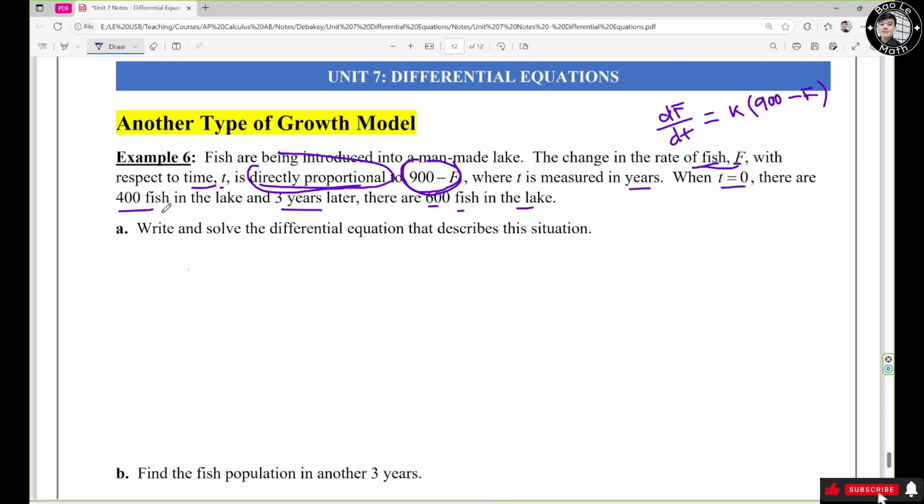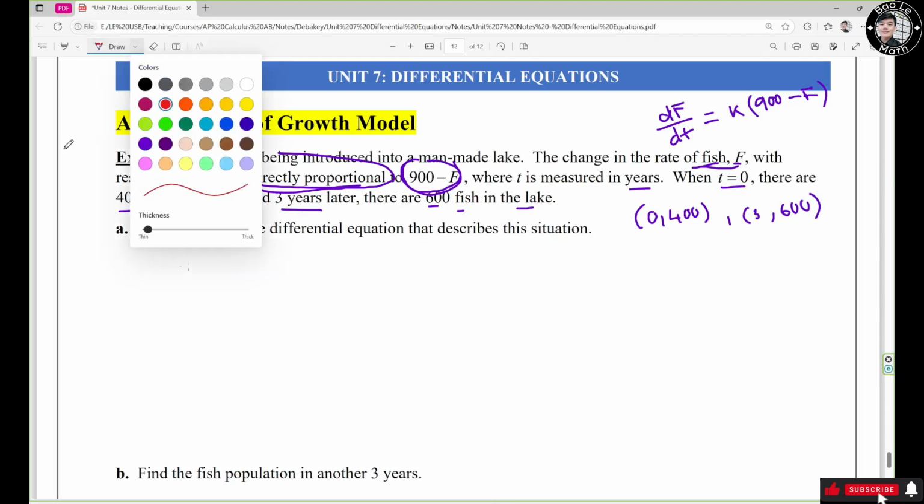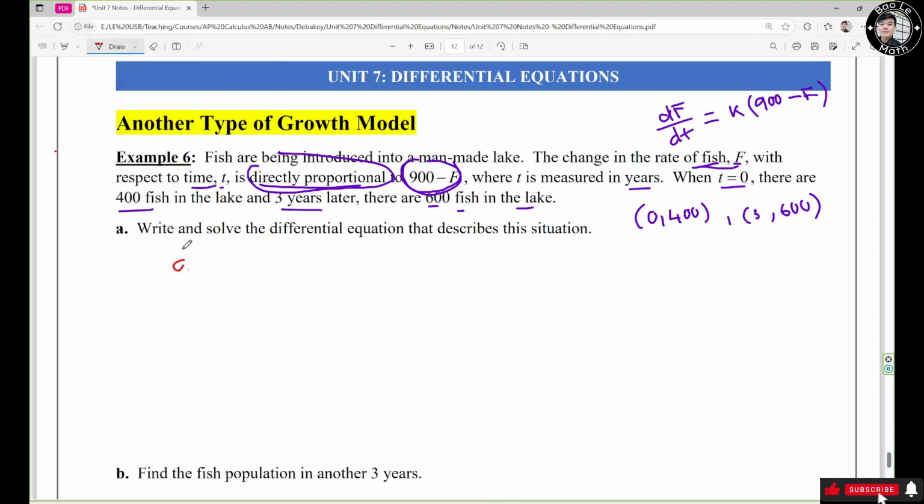When t equals 0, there are 400 fish, so you have the ordered pair 0, 400. Three years later, which means at t equals 3, there are 600. So you already summarized the problem. Now write and solve the differential equation that describes this situation. So we have df over dt equals k times 900 minus f.